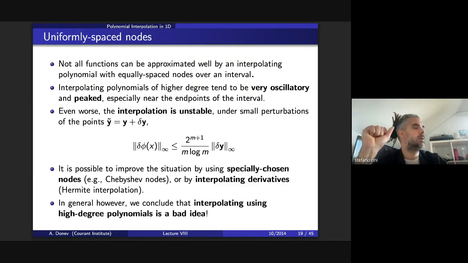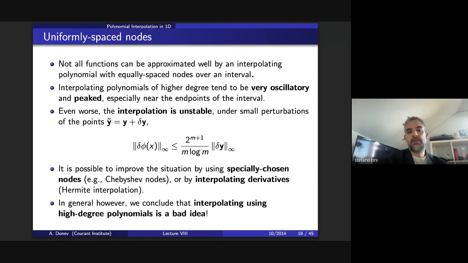And so we use a polynomial approximation because we know that this does a good job, but our observations are corrupted by noise, right? Then if this noise enters the system, this will cause an oscillation in the polynomial, which is again related to 2 to the power of n minus 1 times the infinity norm of the error. And so you see that this exponential growth of the error is very problematic, right? Because it's telling us that the best bound that we have tells us that there is an exponential amplification of the interpolation error.